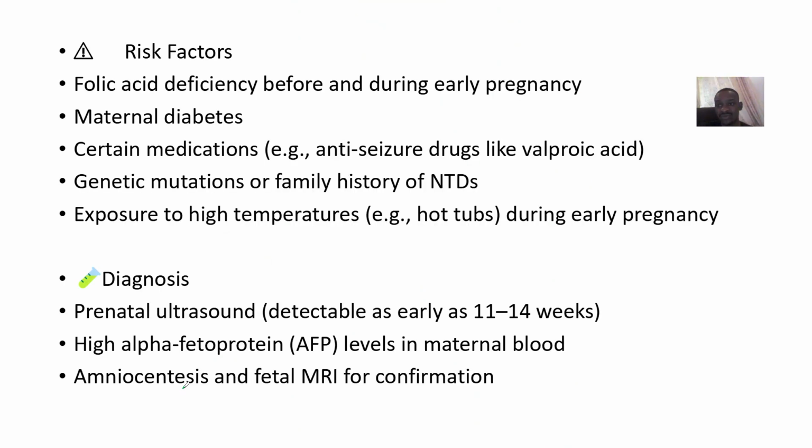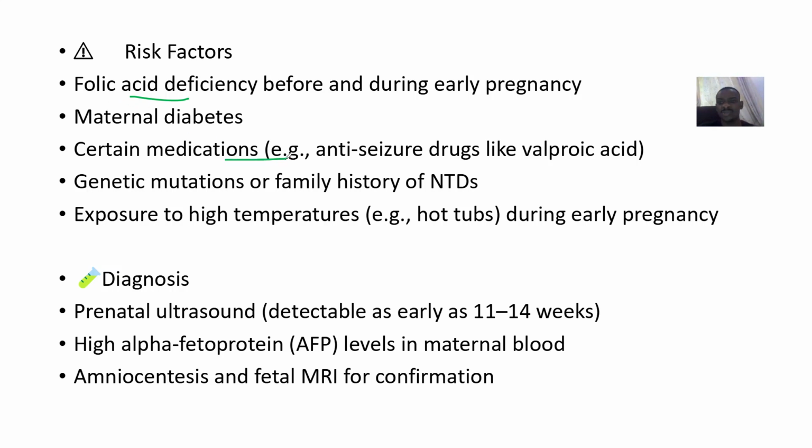Risk factors: what will make a baby have this? Yes, we said the neural tube didn't develop properly, but what could make the neural tube not develop properly? Maybe the mother, when she was pregnant, was not taking enough folic acid. So folic acid supplementation is a thing in pregnancy. All right, the mother had diabetes mellitus.